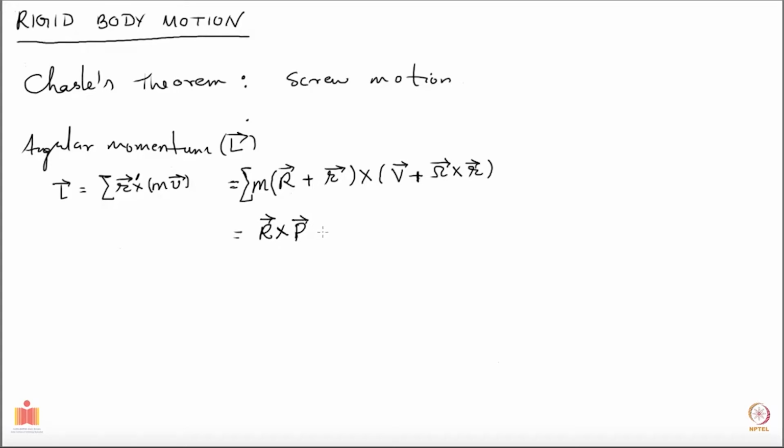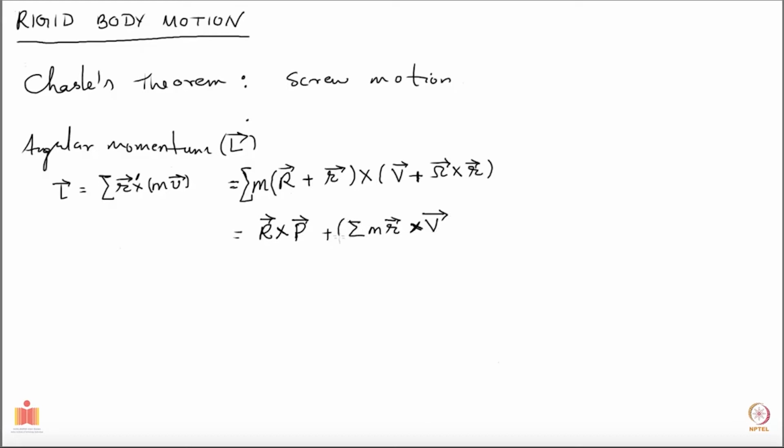So that's the first term. Then you get the sum of m r, crossed with V. V does not depend on the body index, so it sits outside.